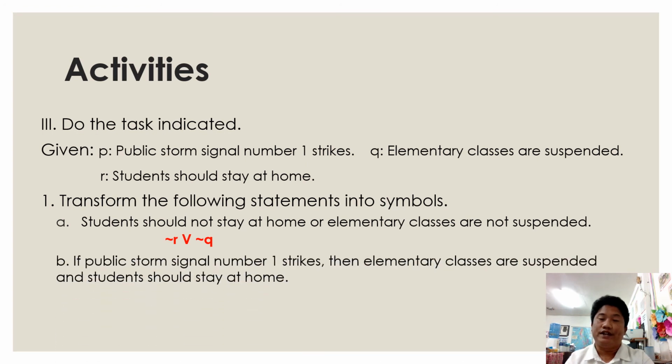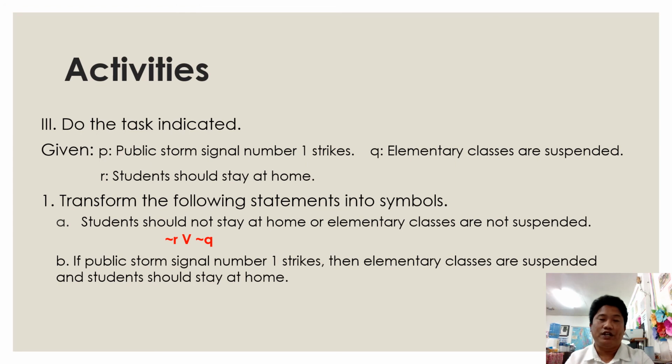Let's have our second statement. If public storm signal number 1 strikes, then elementary classes are suspended and students should stay at home. Looking at this, we have 3 propositions.